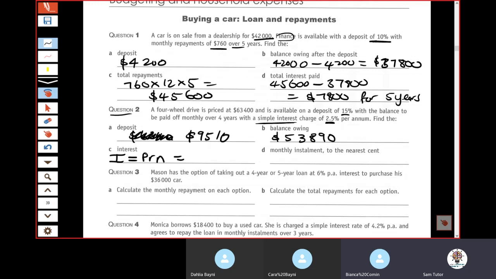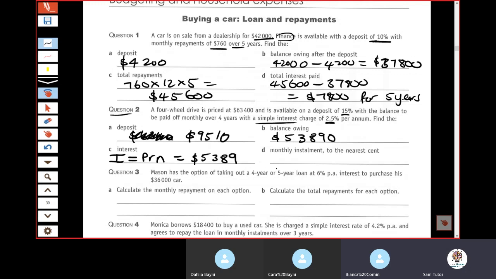What'd you get for C? Is R the percentage, yeah? And then N is 4 years. Correct. I don't think it's right.